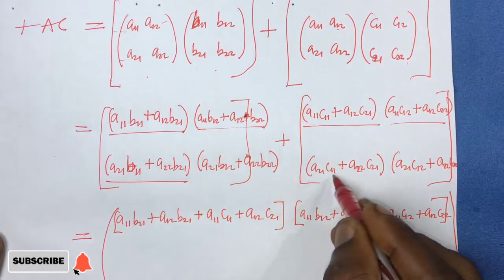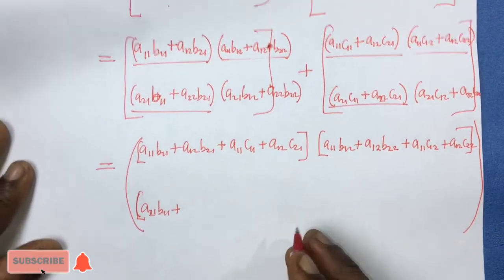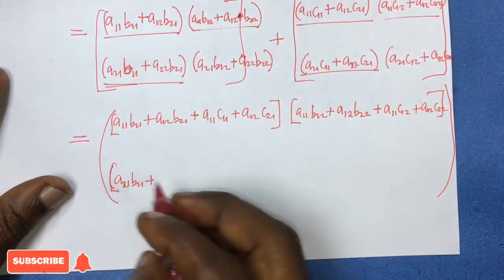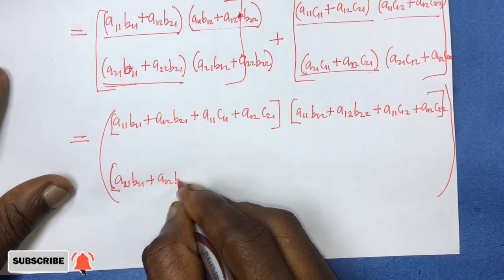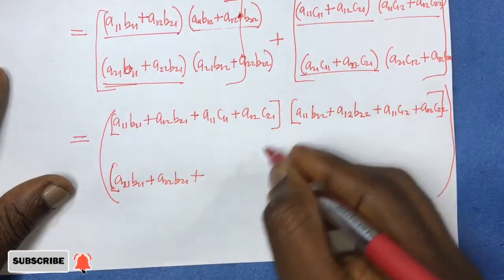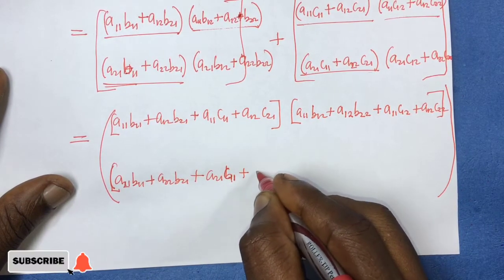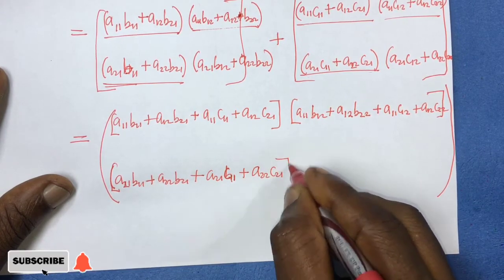Then this will now add to this, and that will give you A21 B11 plus A22 B21 plus A21 C11 plus A22 C21.